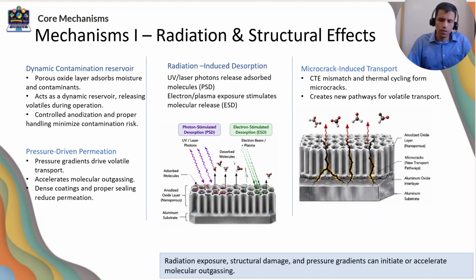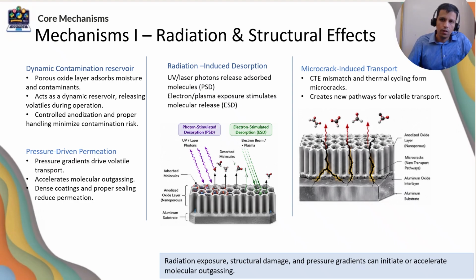If the anodized aluminum is installed in such an ambient system, even this photon energy and electron energy can stimulate the surface of the anodized aluminum and dislodge the top surface, and the loosely bound molecules can desorb onto the optics. So not only thermal, not only pressure, but even energy other than thermal, the photon energy and electron energy, can release those volatile elements.